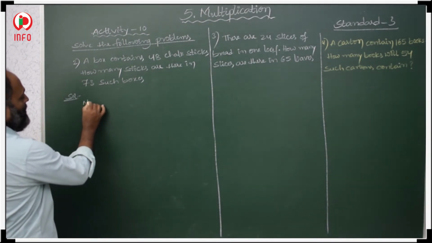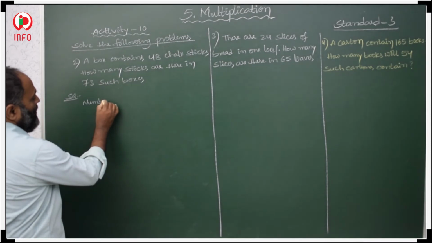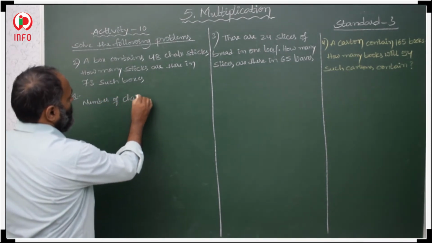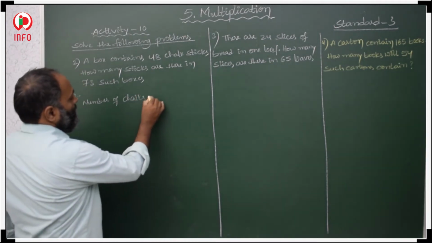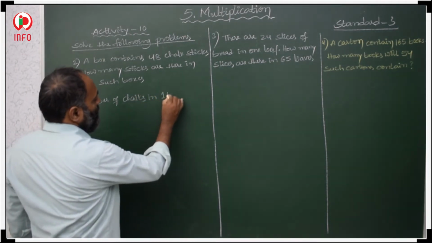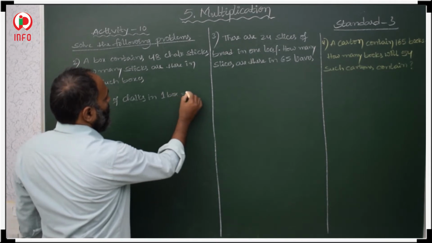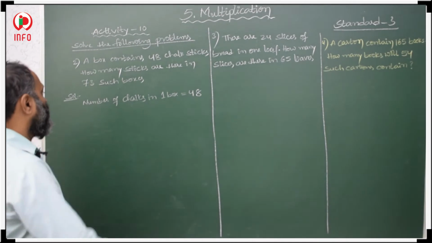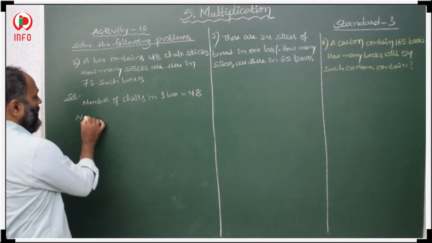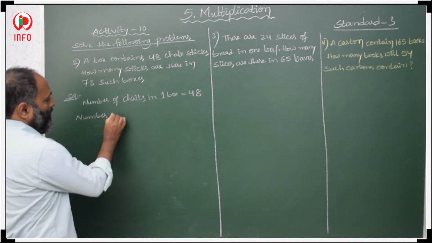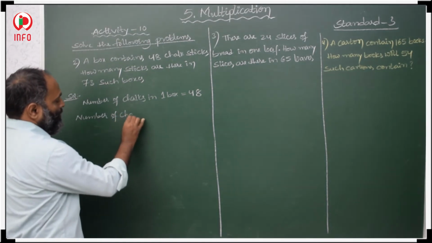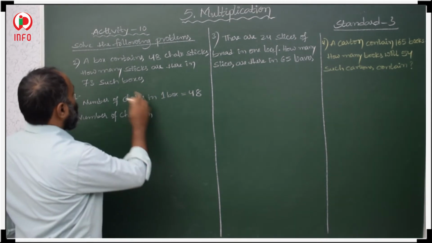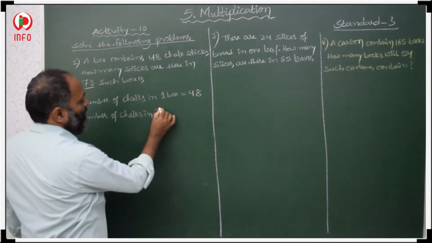Number of chalks in one box is equal to how many chalks? 48 chalks. Then now we have to find the number of chalks in 73 boxes.